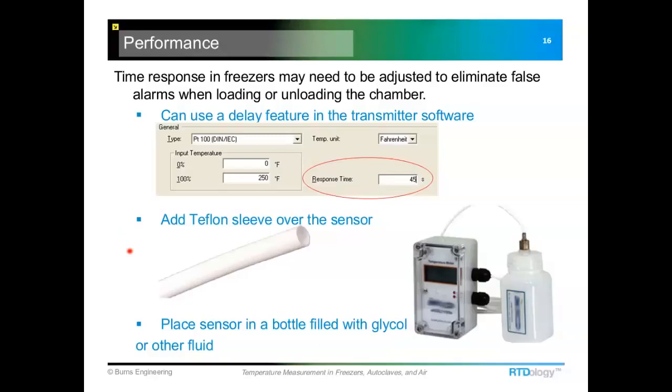It slows down the response time quite a bit, and you can add, even if it's just maybe shrink tube or even a thicker Teflon block over the sensor. And then one of the other common methods is to put the sensor inside of a bottle filled with glycol. And that one will get you about maybe 10-15 minutes of delay time before that fluid temperature will change enough to register a change in temperature in the freezer.